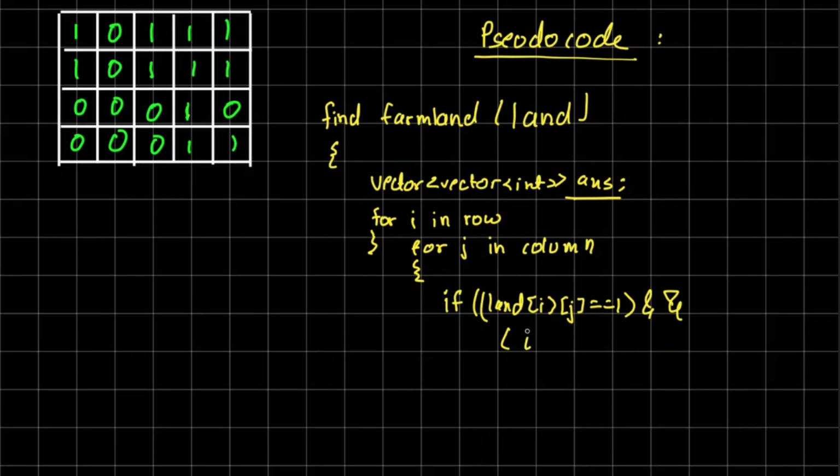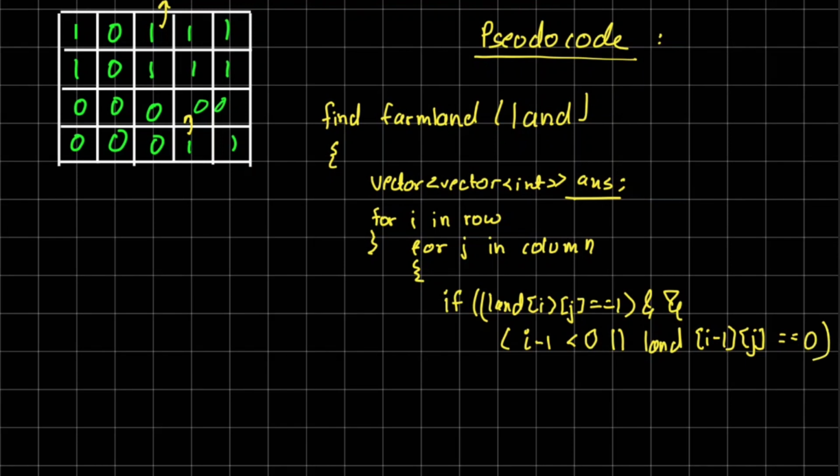So if i minus 1 is less than 0, that is, it goes out of bound, or the above cell should be 0, so either it goes out of bound or land of i minus 1, j is equal to 0.